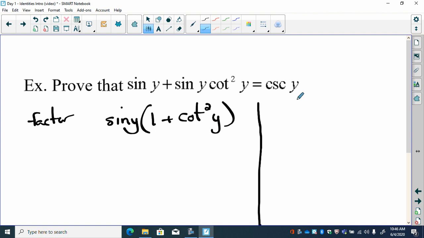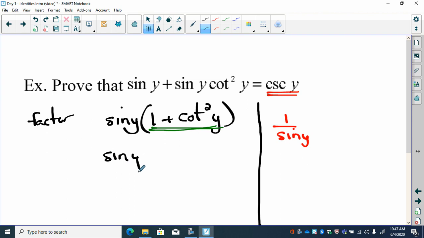All right, I still don't have that going on over here. Well, now I can start manipulating things. This is a reciprocal identity. Cosecant y is equal to 1 over sine y. All right, I still don't have that here. This, however, is a Pythagorean identity. Okay, so I'm going to have sine y.